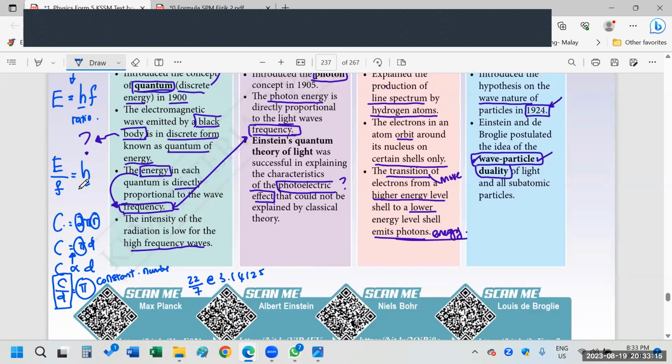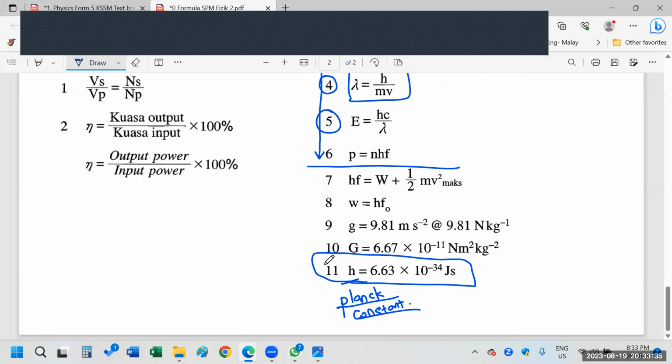Okay, so actually H, a constant, is a ratio. E divided by F equals this ratio. Circumference divided by the diameter equals pi. It is a constant number. It's a ratio. Okay, so the H comes from the experiment.